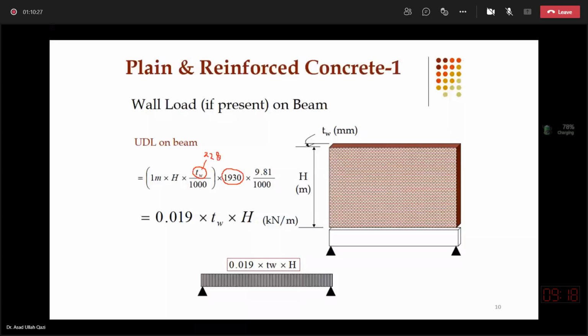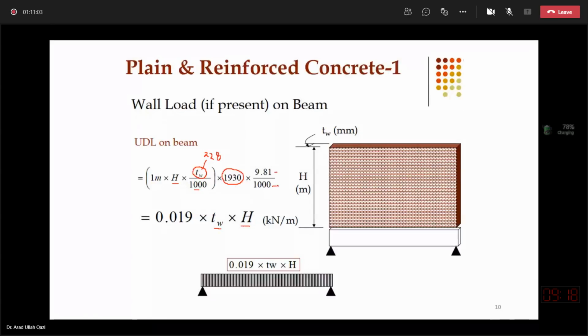So height, normally in our normal building the story height is 3 meter, so H is 3 meter. This TW you will put in millimeters because it is divided by 1000, so it will be converted into meters. So here you will put TW in millimeter, H in meters, and density 1930 for masonry selected, in kg converted into Newton, divided by 1000, into kilonewton per meter.